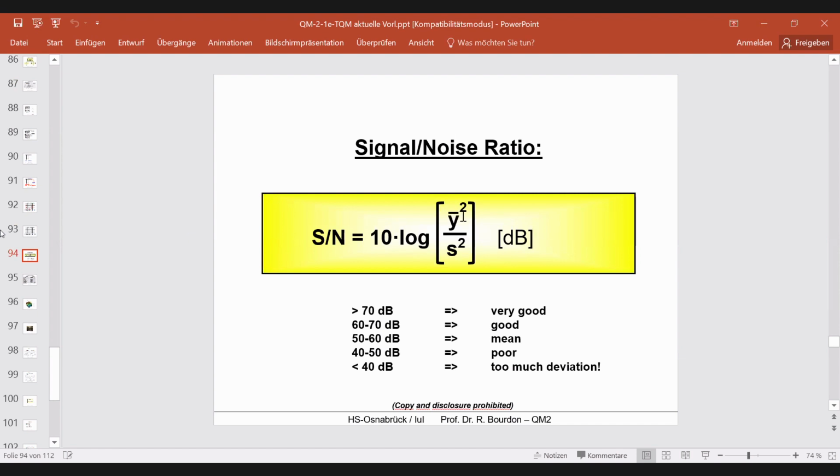But you have another piece of information: the standard deviation. If you take these two, the mean and the standard deviation, you can calculate the signal to noise ratio. And for every experimental run, you get a signal to noise ratio.